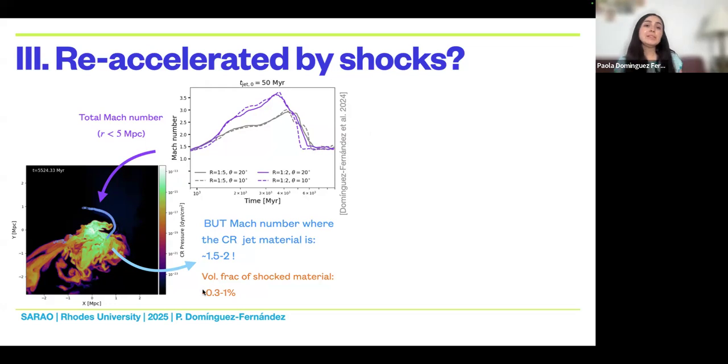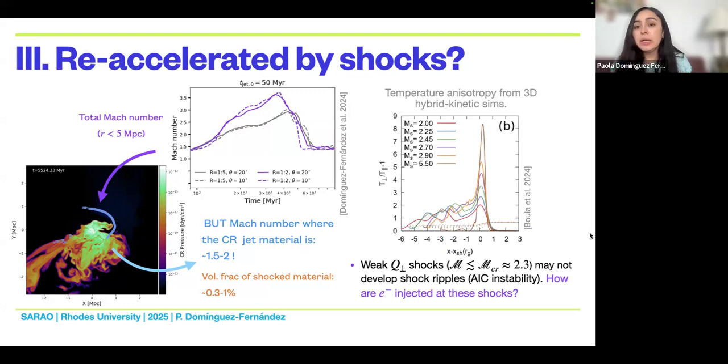Right. And so this mean Mach number here is rather low. And there is another thing that is really uncertain in terms of plasma physics. In simulations that are PIC or hybrid kinetic, it is still not clear how you can inject these electrons into the DSA mechanism when you have shocks that are really, really weak.